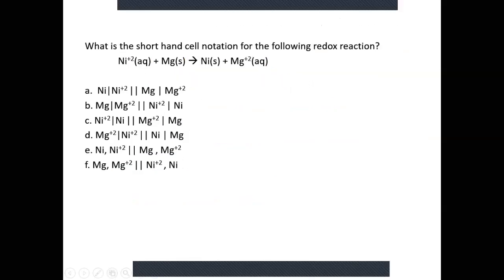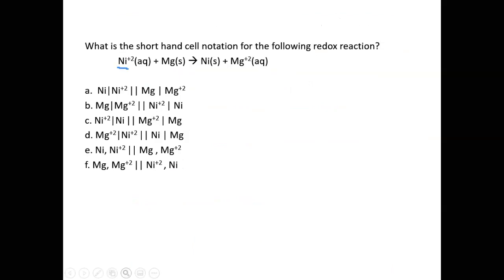So here we want to write the shorthand notation for the following redox reaction. From this, we see that nickel 2+ goes to nickel, so nickel 2+ is reduced. Magnesium goes to magnesium 2+, which tells us it's oxidized. So magnesium is the anode and nickel is the cathode.